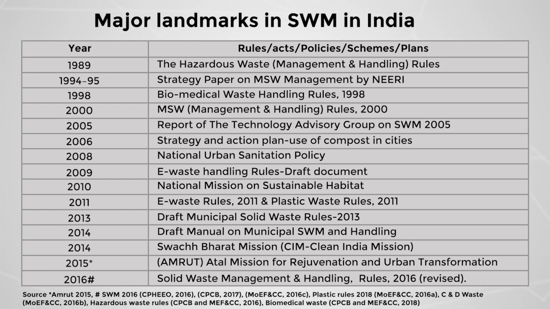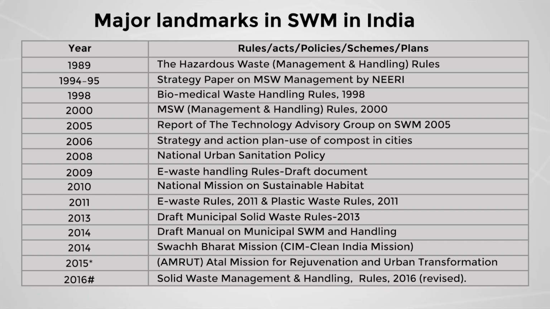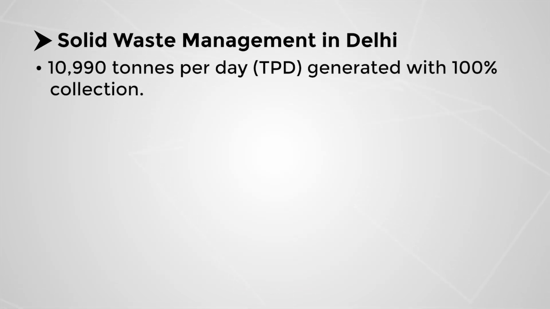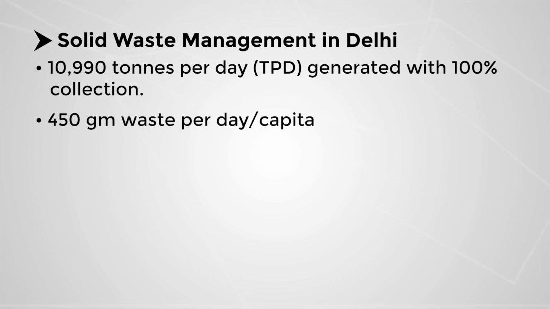So, this figure is also giving the data on state-wise solid waste generation, and this is a case study of Delhi, which focuses on around 10,990 tons per day of waste generation with a collection efficiency of 100%, and per capita waste generation is 450.